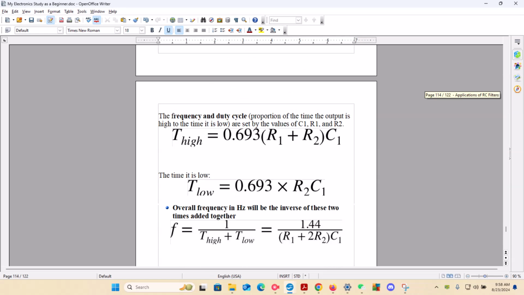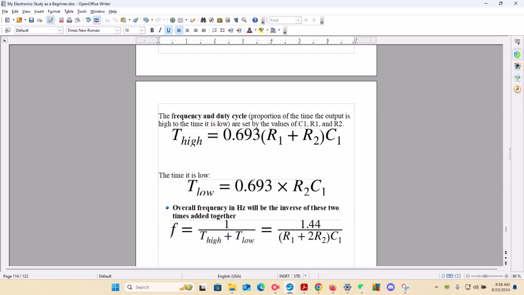Remember, we have timing high and timing low. Timing high has R1, resistor 1 plus resistor 2, times capacitor 1, whereas time low only has R2 times C1, and also times 0.693.